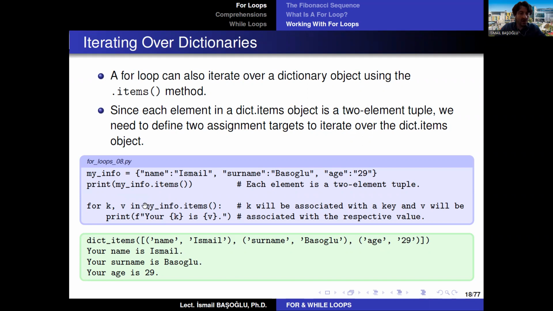The size of this items object will be 3. There will be 3 key-value couples, but these couples will be given in the form of a tuple. Therefore, K will be associated with the element at index 0 of the tuple, and V with the element at index 1. It is a tuple-like object, but not necessarily a tuple, because items objects are not subscriptable, but they are iterable.